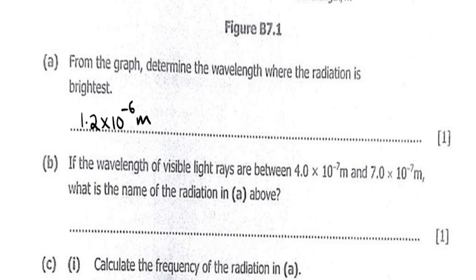If the wavelength of visible light rays are between 4.0 times 10 to the power negative 7 meters and 7.0 times 10 to the power negative 7 meters, what is the name of the radiation in A above?